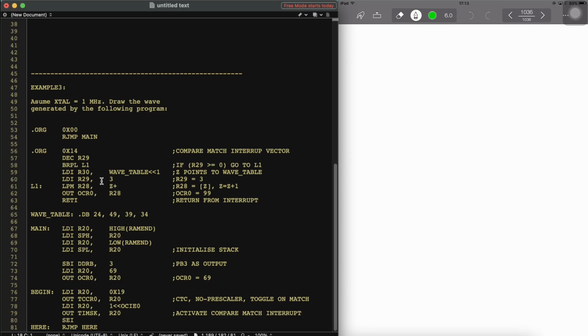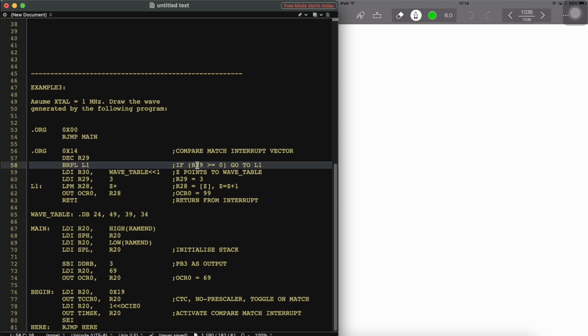Then in the interrupt, whenever the interrupt comes with the match, what will happen? Compare match interrupt occurs, and we decrement R29. So R29 is initialized somewhere. Then it's going to be 0 minus 1, which is minus 1.